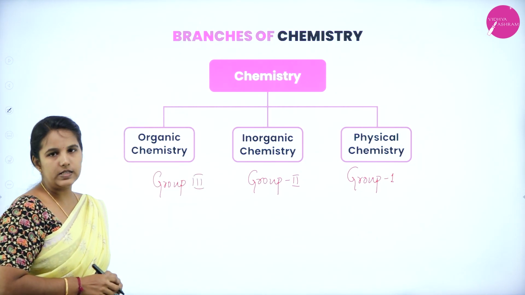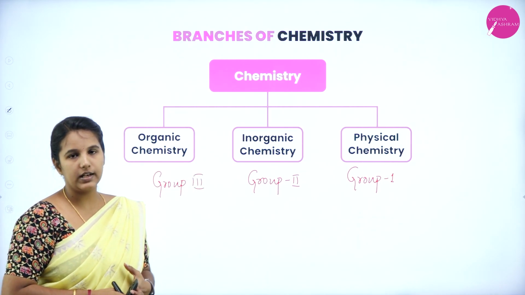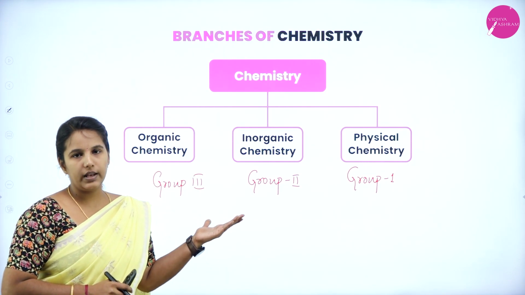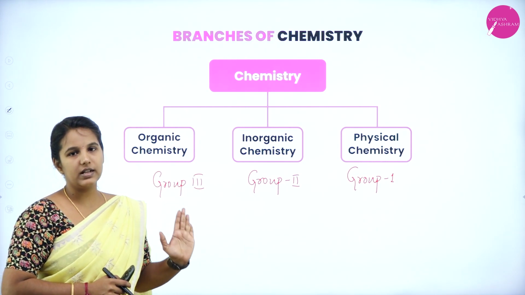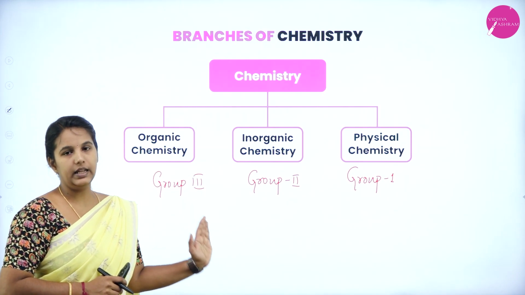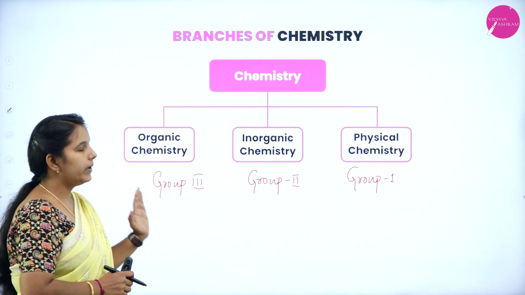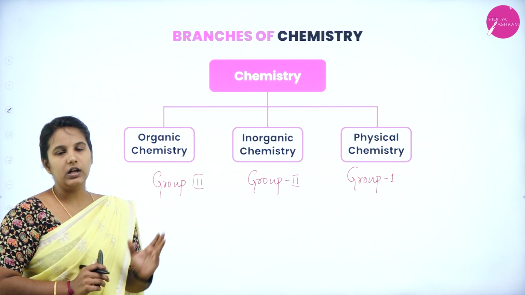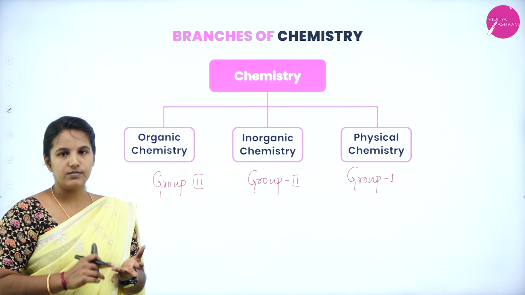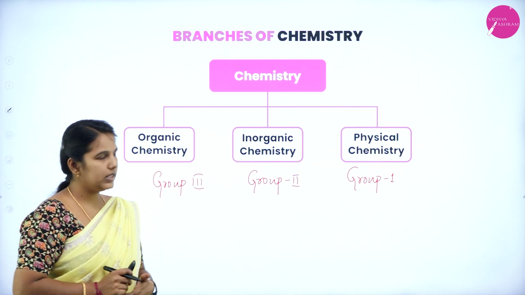So generally, we say physical chemistry as group 1, inorganic chemistry as group 2 and organic chemistry as group 3. So these are the main 3 branches of chemistry: inorganic, physical and organic chemistry.